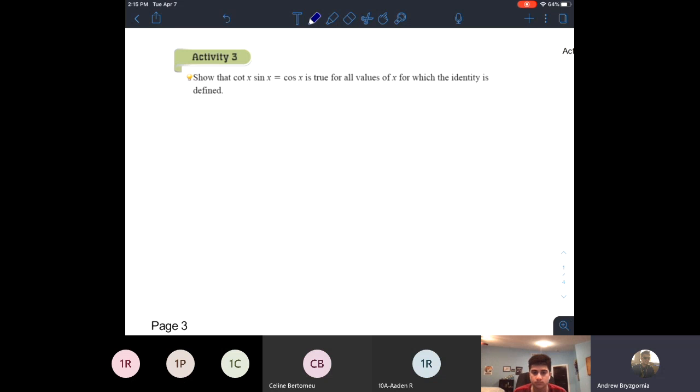Okay, what I want you to do for this then, I'm going to give you maybe a minute or 2 minutes. You have cotangent times sine, and you are supposed to demonstrate that that will be equal to cosine.